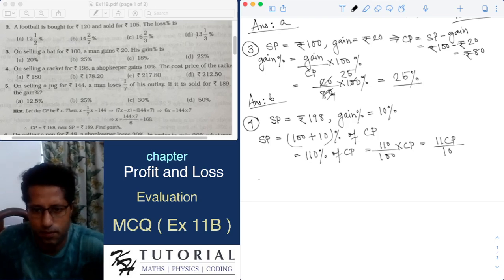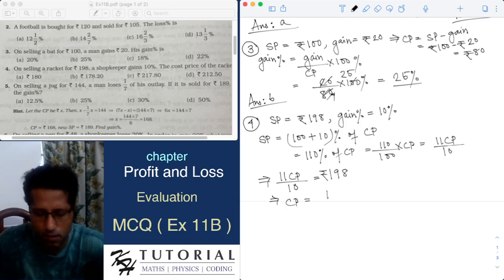Now the selling price is given to be rupees 198. This implies the cost price equals 10 by 11 multiplied by 198.